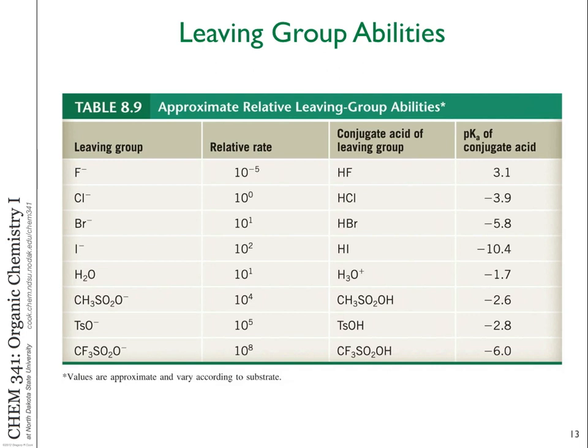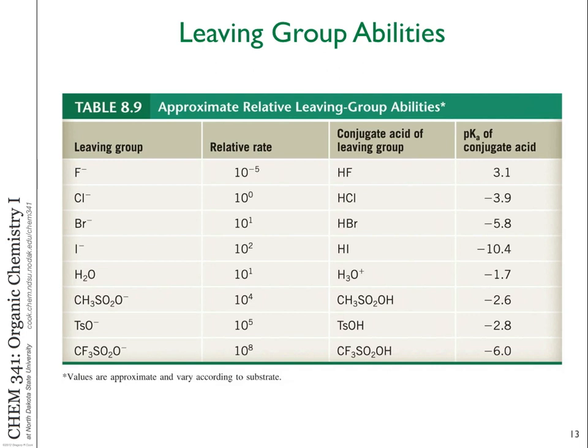But the sulfonates, if you just go with the methyl sulfonate, it's 10 to the 4th times a better leaving group than bromide or water. The tosylate, the para-toluenesulfonyl, is an order of magnitude even better. And if we put on more electron withdrawing groups, the more we stabilize that anion, the better a leaving group it is. 10 to the 8th times more reactive than bromide.